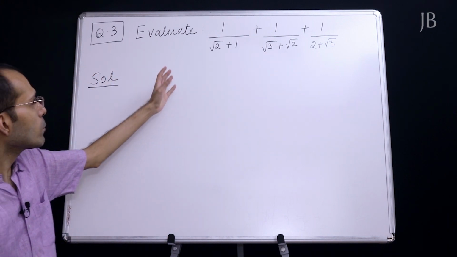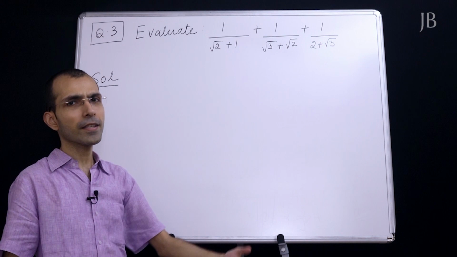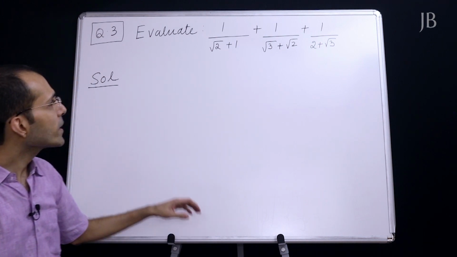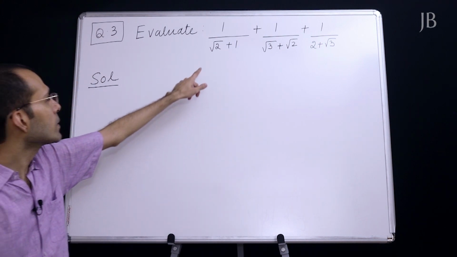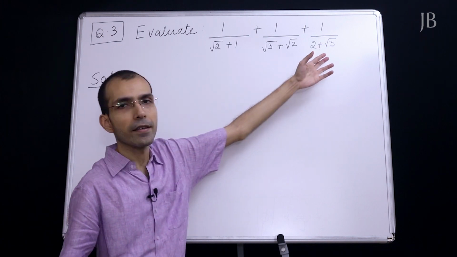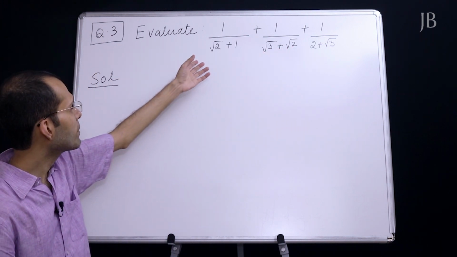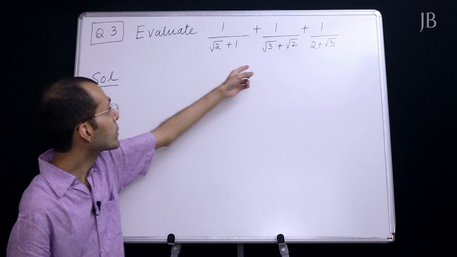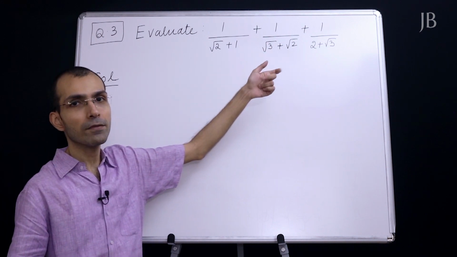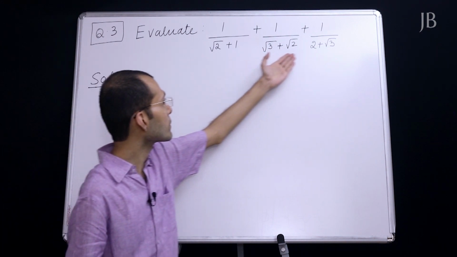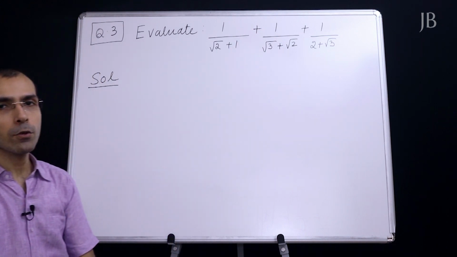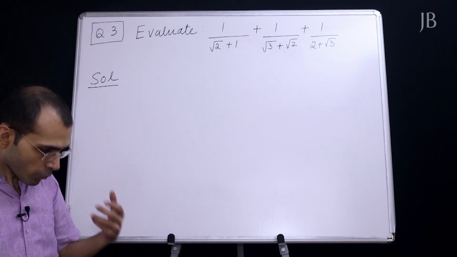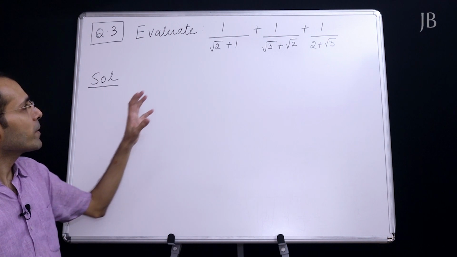You may be tempted to take LCM. Nothing wrong. But it is going to be very tedious because see, all the terms are different. There is nothing of the type a plus b into a minus b, it's nothing of that sort. Plus there are 3 terms. Now to take their LCM is going to be very tedious. So it is not a wrong approach, but it is going to be tedious.